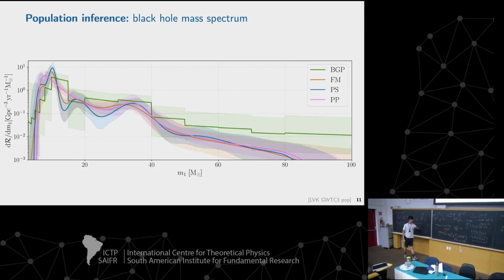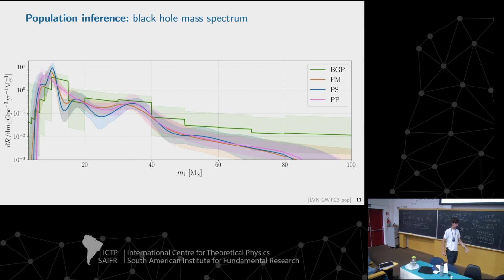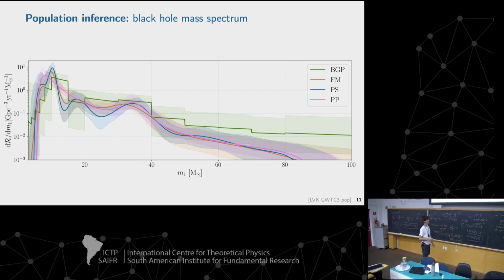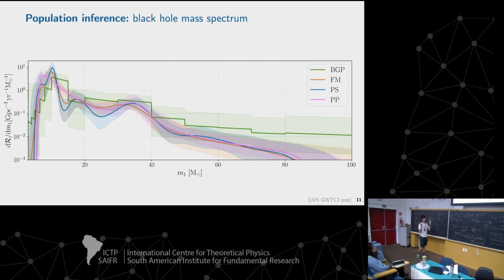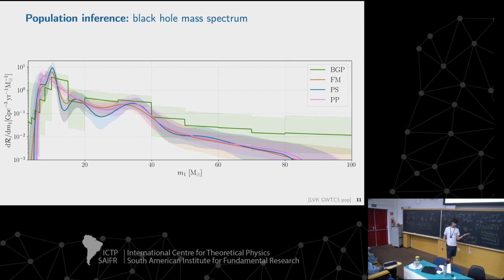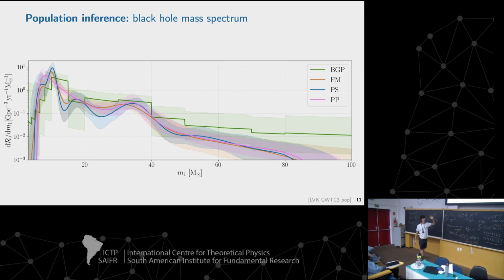Okay, so just so that you see at least once, and you can go and look at these plots in more detail later, this is the best of our knowledge in terms of the mass distribution of binary black holes given our last catalog. This is something that will soon be improved because we will be doubling the number of events. Essentially, this is a busy plot with different models.